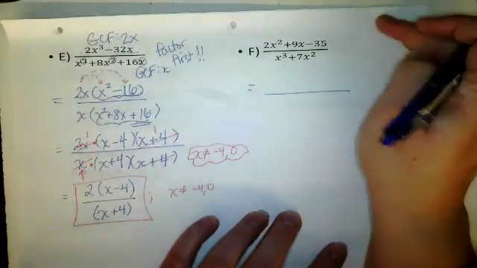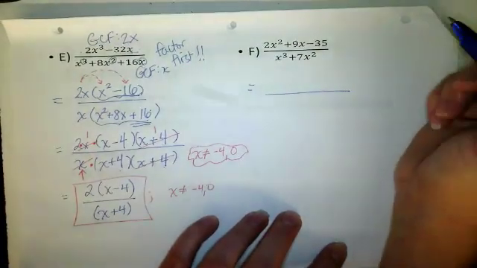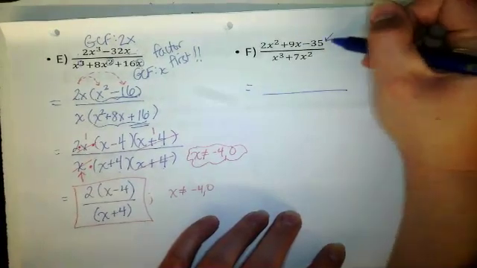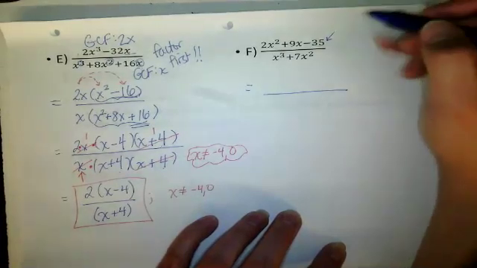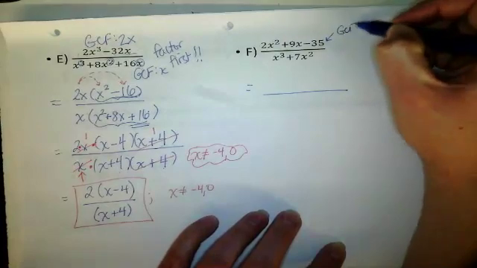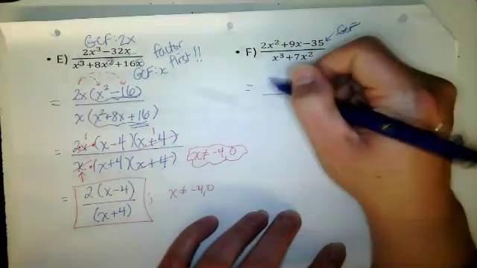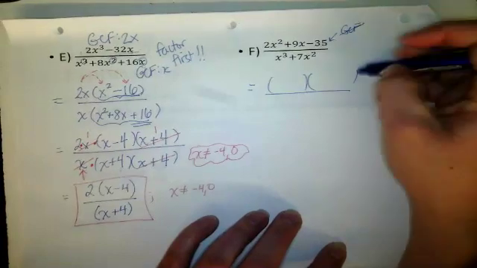So we need to factor. What can we do in the numerator? Is there a GCF? There is no GCF. So I think we're left with try to double bubble.